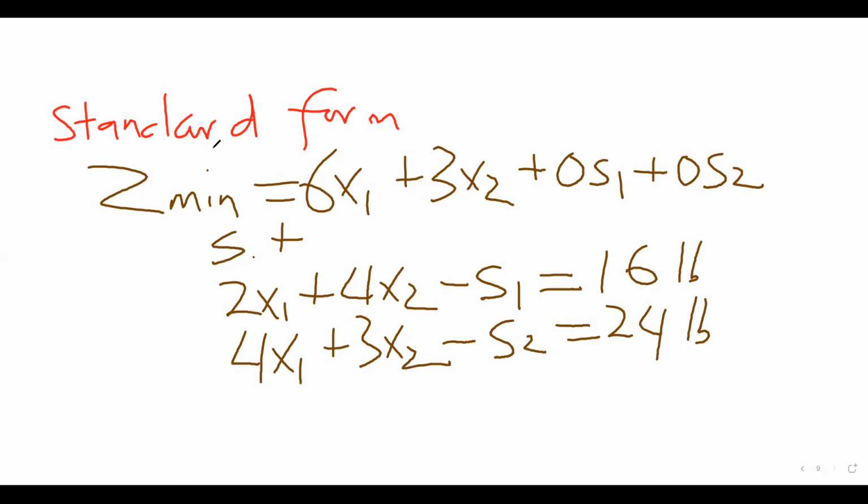Okay. And then you write your non-negativity constraint, which must also include a surplus. So you have your x1, you have your x2, and then your surplus 1, and then your surplus 2, all greater than or equal to 0.